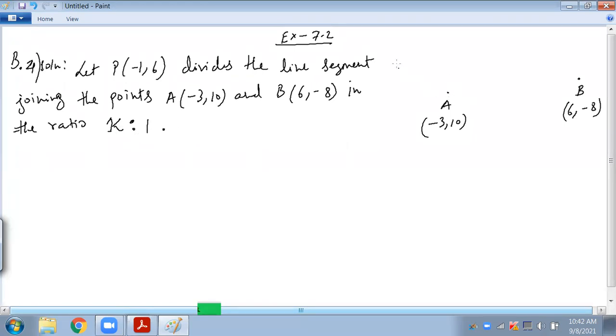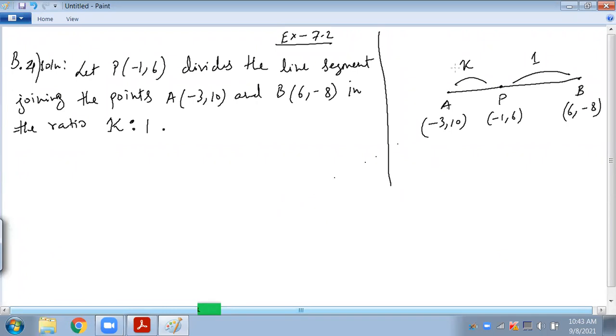So I'm drawing a rough figure. The line joining the points A and B is divided by point P, which is given as (-1, 6). What you have to find is the ratio in which the point P divides, so we take it as k is to 1.